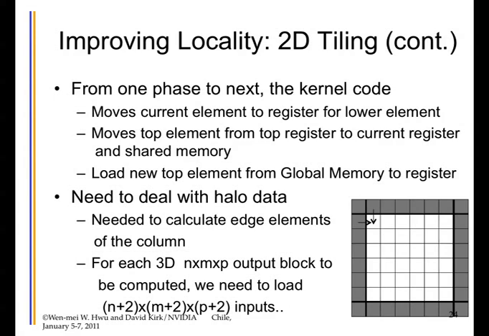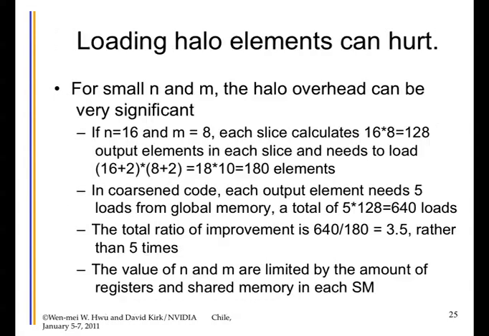However, it's not such a small number for the current generation of shared memory sizes, and this number can give you sizable overhead in terms of the actual loading you need to do.